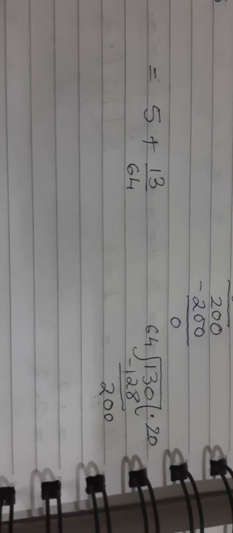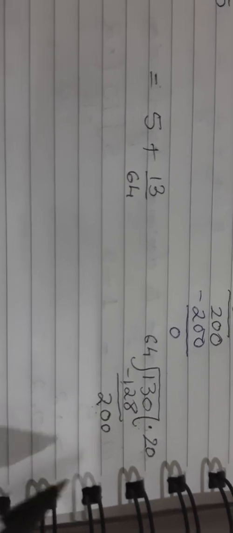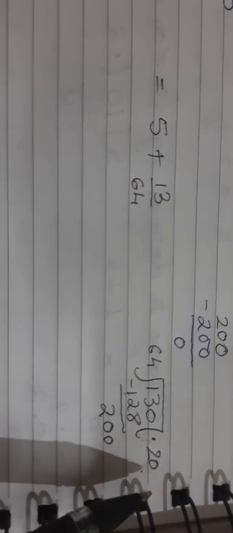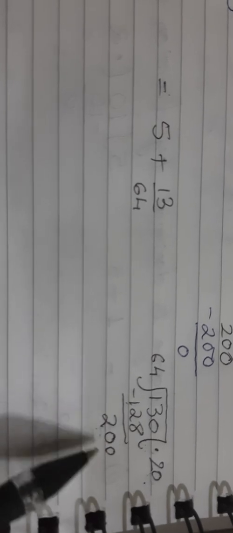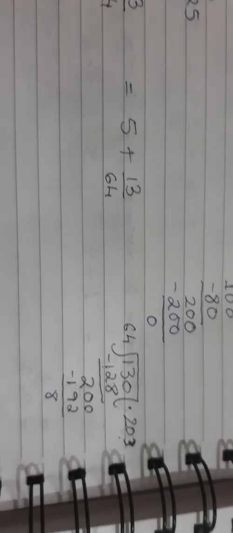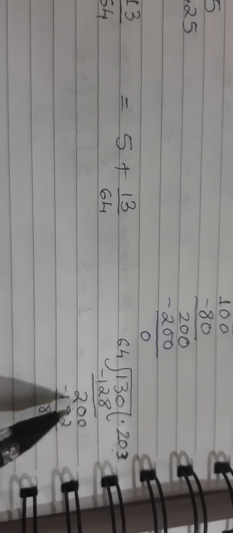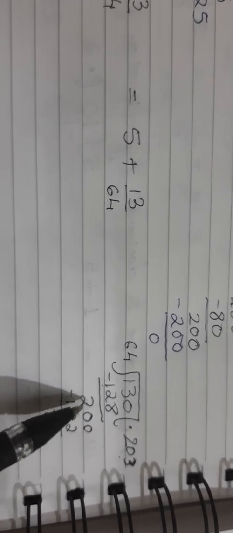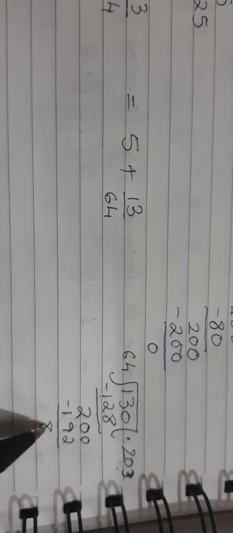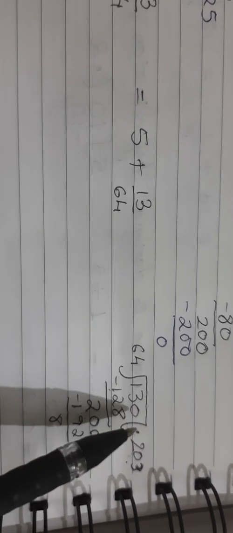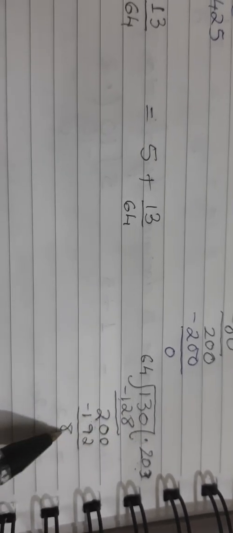So now let us see which number I should multiply with 64 to bring it near about 200. So 64 into 3 gives us 192. This is the nearest that you can bring to 200. So 200 minus 192 is 8. 8 is again smaller, so with the point you have there, you can bring 1 0 down here.